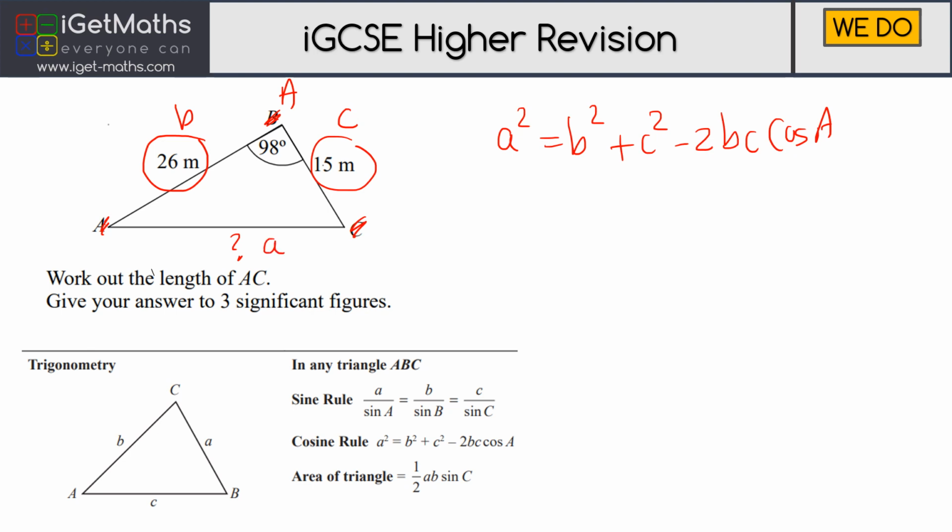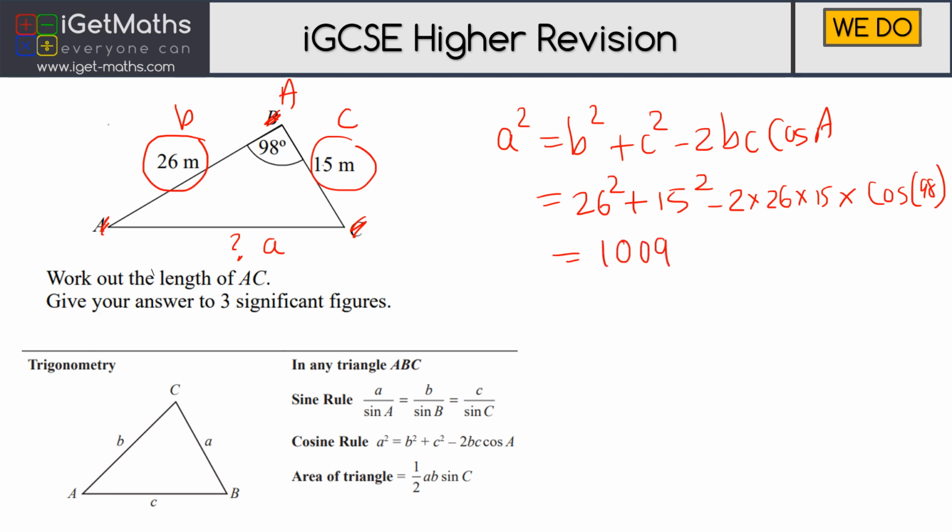So we've got b, which is 26 squared, plus c, which is 15 squared, minus 2 times 26 times 15 times cos 98. That's going to equal 1009.55 with some other numbers, and remember that's a squared.